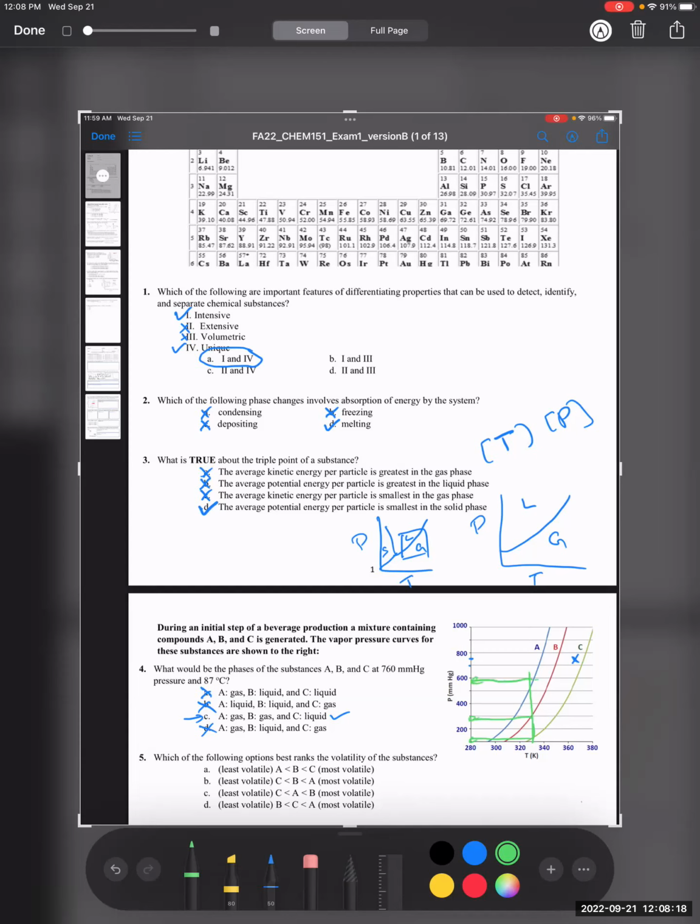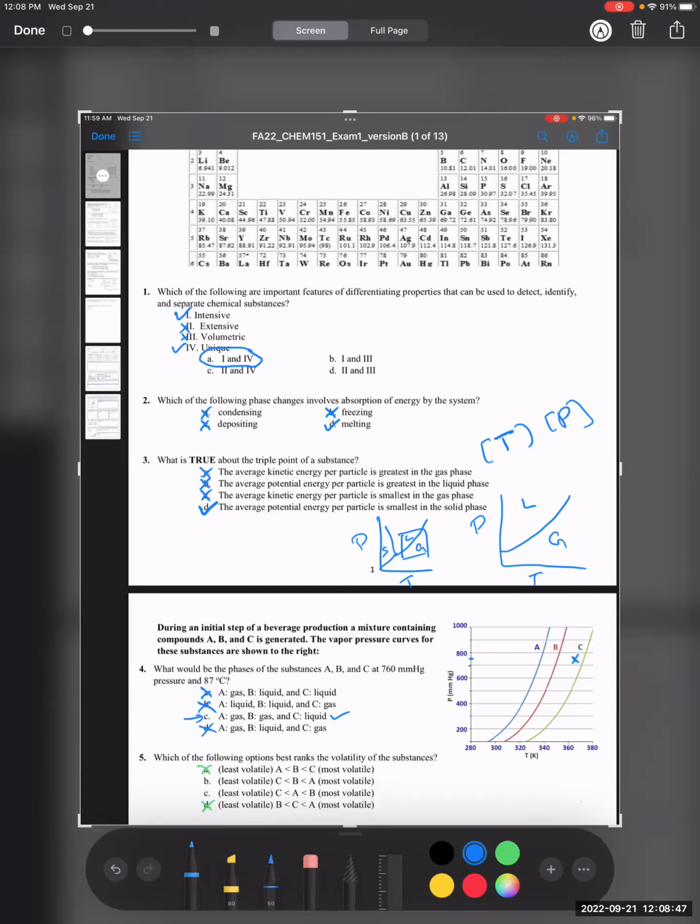So if you take any temperature like that, you see that C has the lowest vapor pressure and A has the highest vapor pressure. That means C is the least volatile and A is the most volatile substance out of these. So we're going to start with C as the least volatile substance. Therefore, A and D are out.